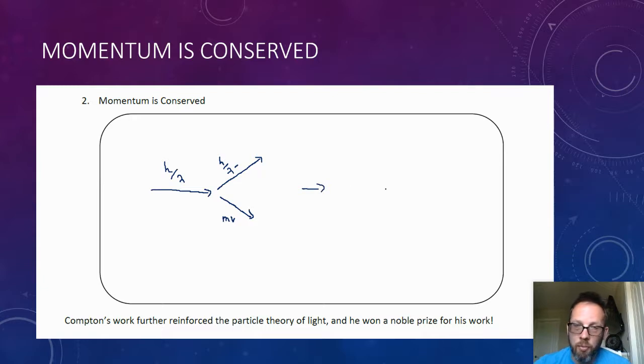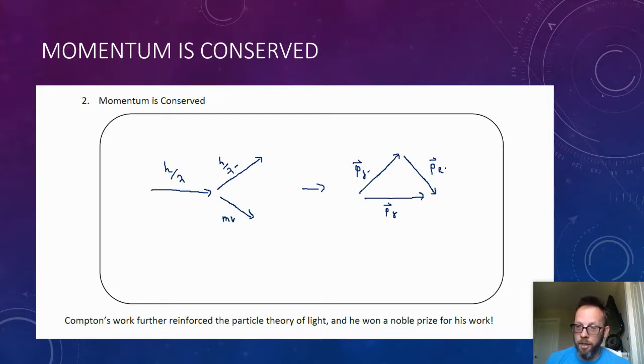And he could check, was momentum conserved? So this was the momentum of the original X-ray, and you can find the momentum for the lower energy X-ray and the momentum of the electron. And momentum was conserved too.